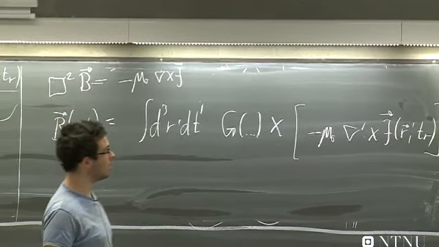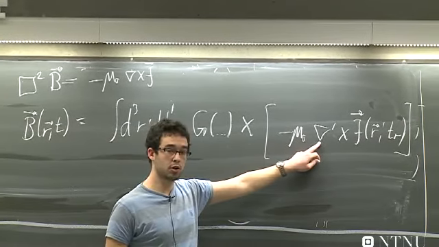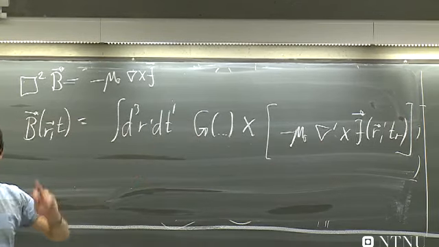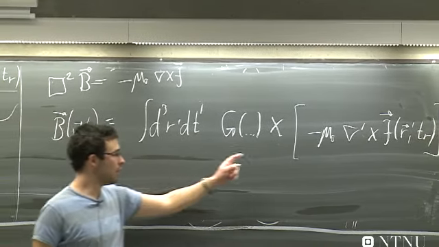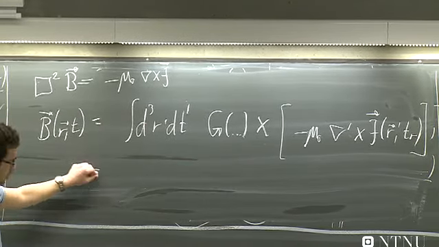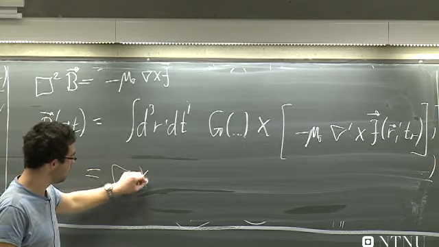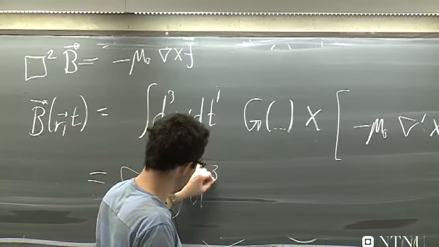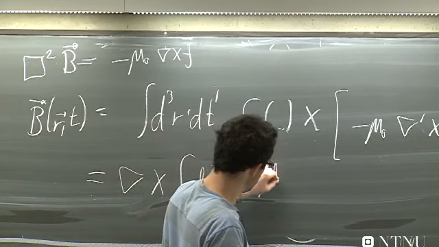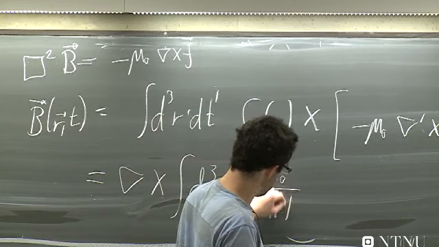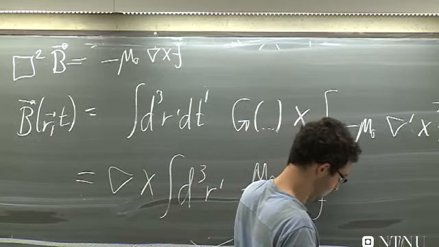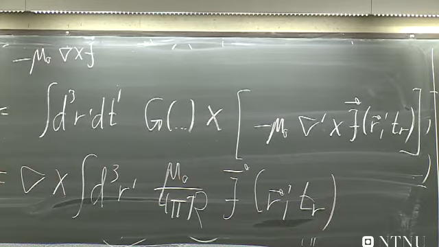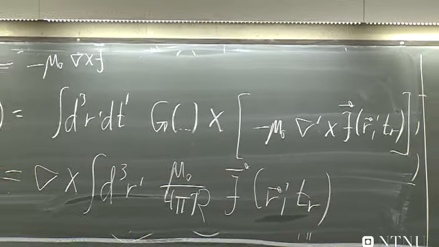And if I do the same trick, I can first by partial integration get the curl in front of the Green's function and then exchange the unprimed with the primed coordinate system. Then I can take the curl outside and I obtain the following, that the curl with respect to the unprimed coordinate system is d3 r prime mu naught over 4 pi r j of r prime at the retarded time. That's simply the curl of A, right?